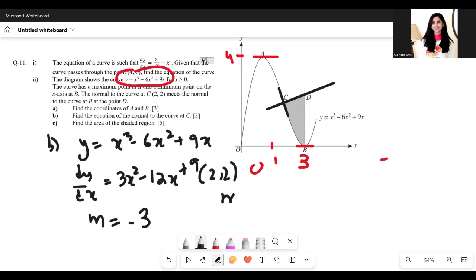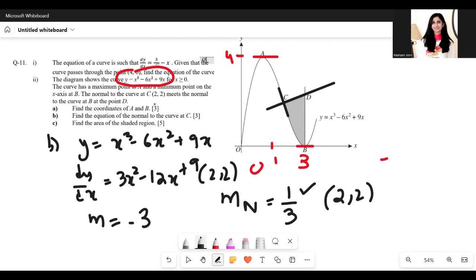So the gradient of the normal is going to be the negative reciprocal of that, which is 1/3. In fact, we should just use point slope form because they're not asking us to give the answer in the form of y equals mx plus c. So the gradient is known, 1/3, and the point C is known, (2, 2).